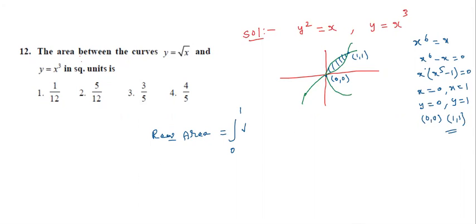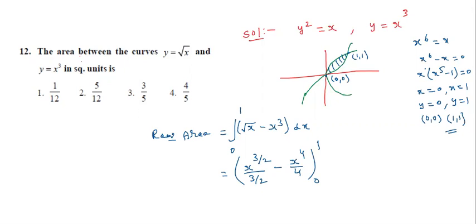Y is equal to root x minus the lower curve x cube. Apply the integration. Root x means x power 1 by 2. Applying integration, we get x power 3 by 2 divided by 3 by 2, minus the integration of x cube, x power 4 by 4, limit 0 to 1.